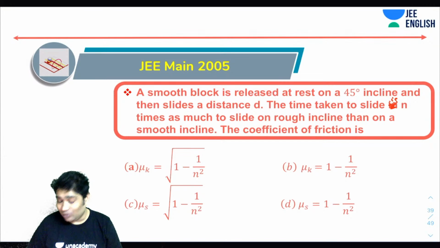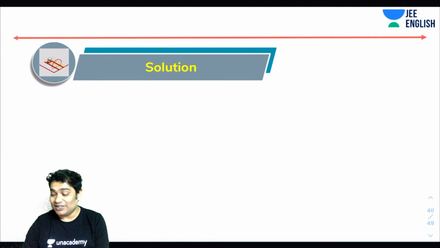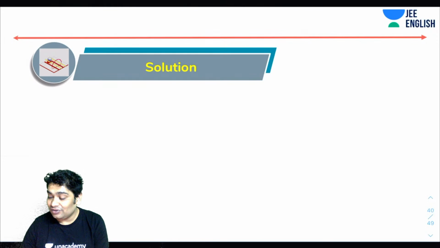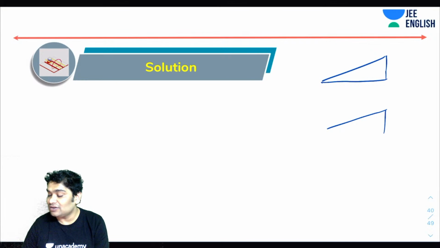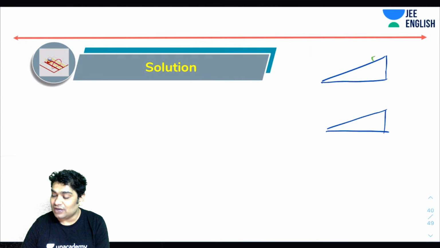So I think what it is trying to say is that you consider two situations. You have two identical inclines. Now one is rough, one is smooth, and in both conditions you have a block which has to slide down a distance.